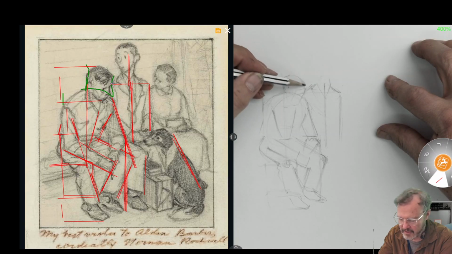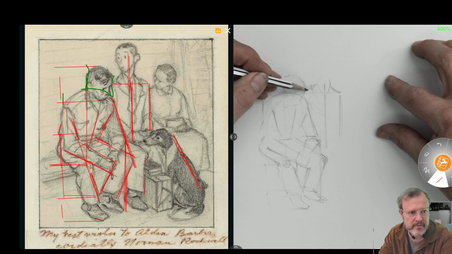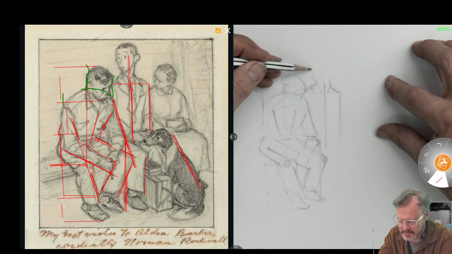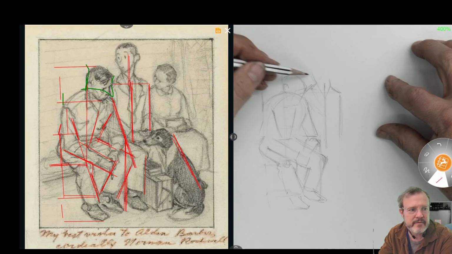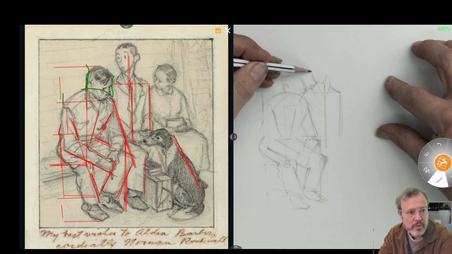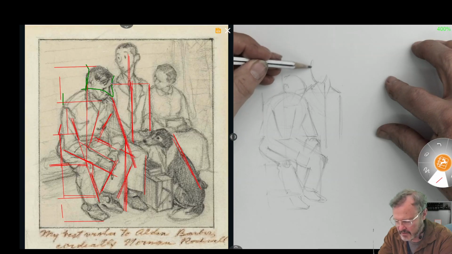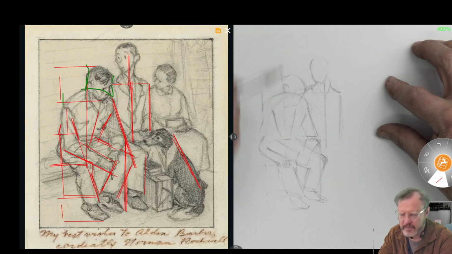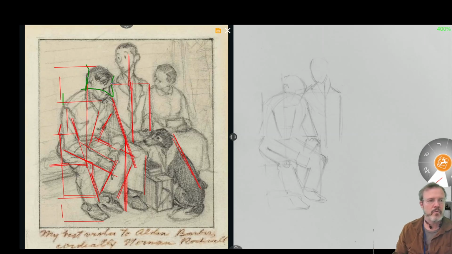And we could look at a negative space again to get this. See between these two heads, there's this negative space, so we can analyze that shape to help us. And we want the young man's head to be a little smaller, I think, than the older man's head.